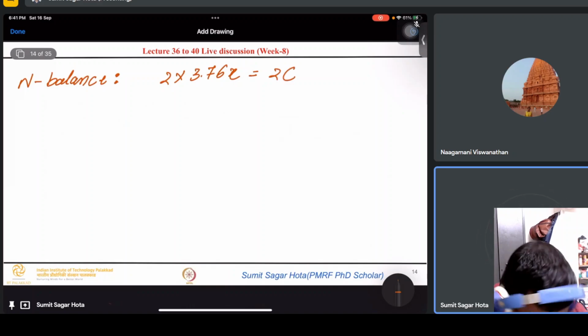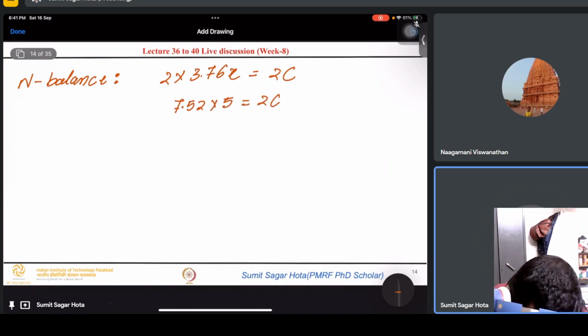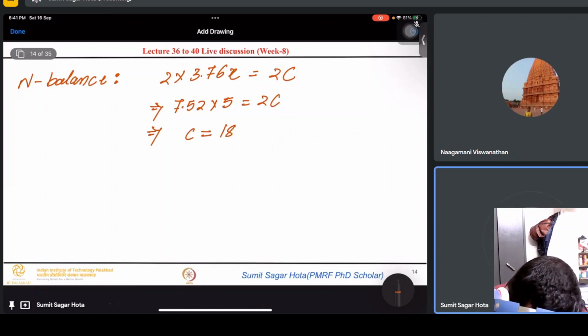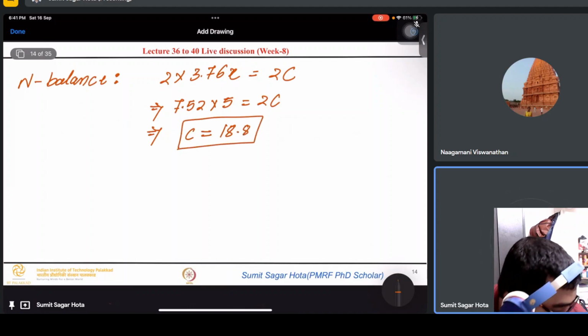X you know, 5, is equal to 2C. So then what is C? If you solve, you get C as 18.8.